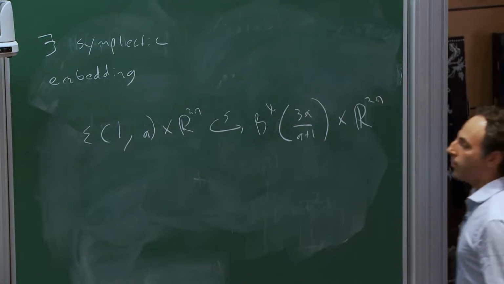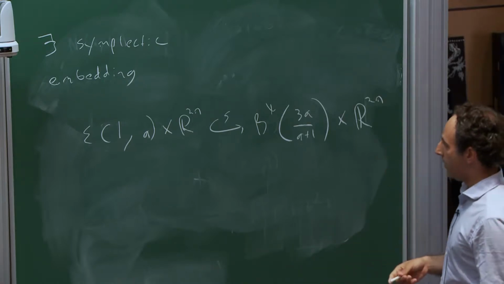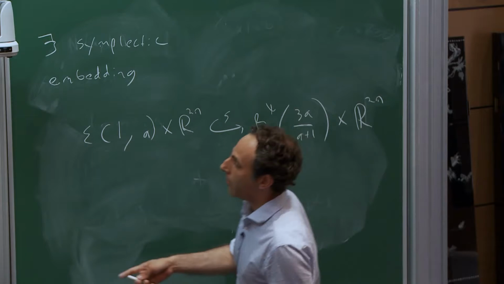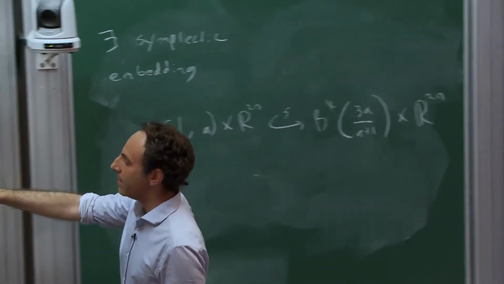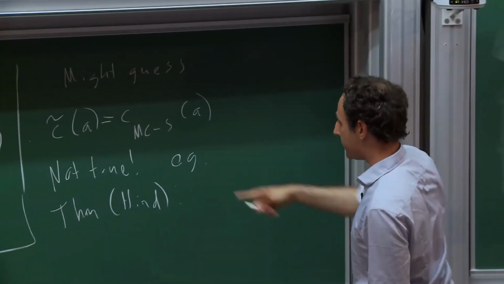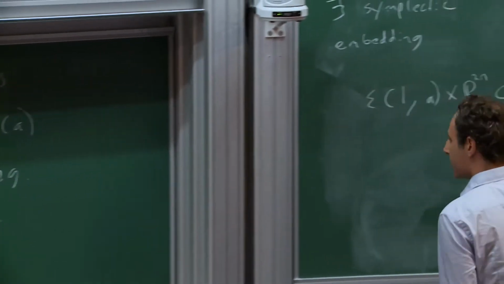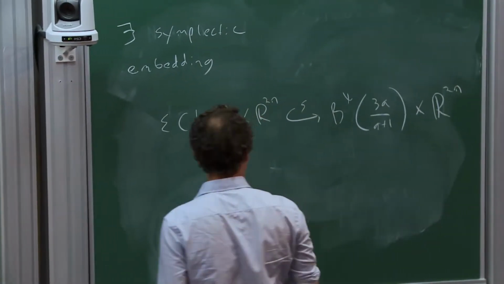Okay. So, now I'm actually going to draw a picture for you. At this point, maybe some of you see why this says that this can't be equal to the McDuff-Schlenk function, but I still want to draw a picture because it's going to be very important for understanding what's going on.